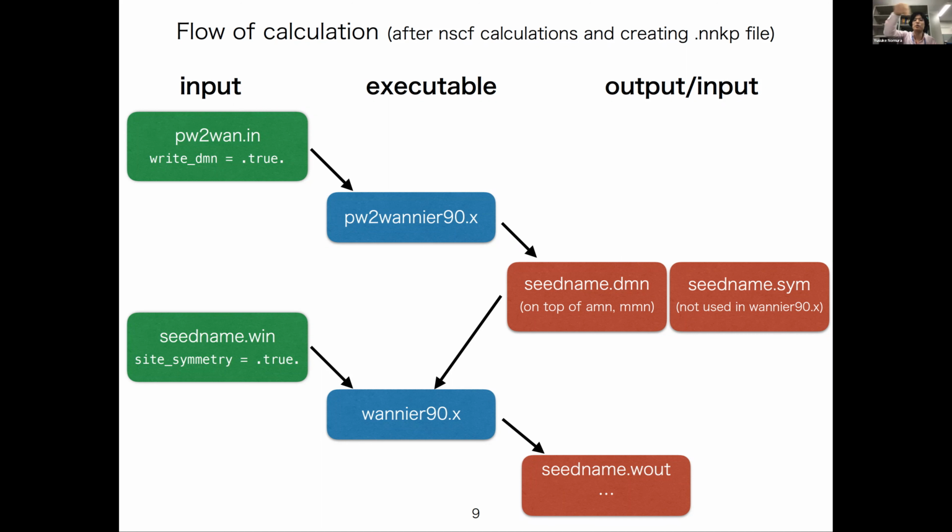Then if we perform the band structure calculations, the band structure looks like this. The red one is the DFT band, and the blue one is the Wannier band. Okay, then let me try to make the dp model.